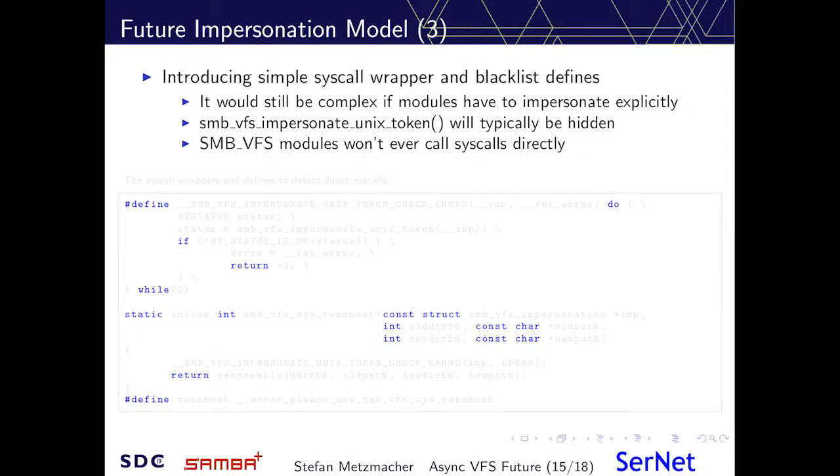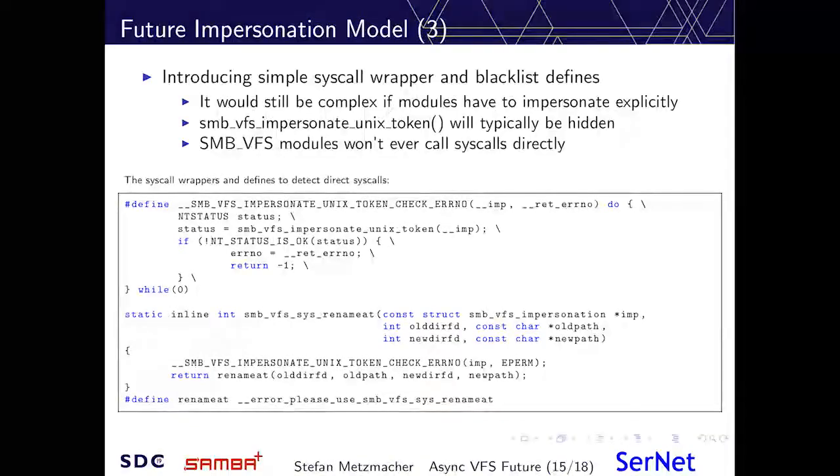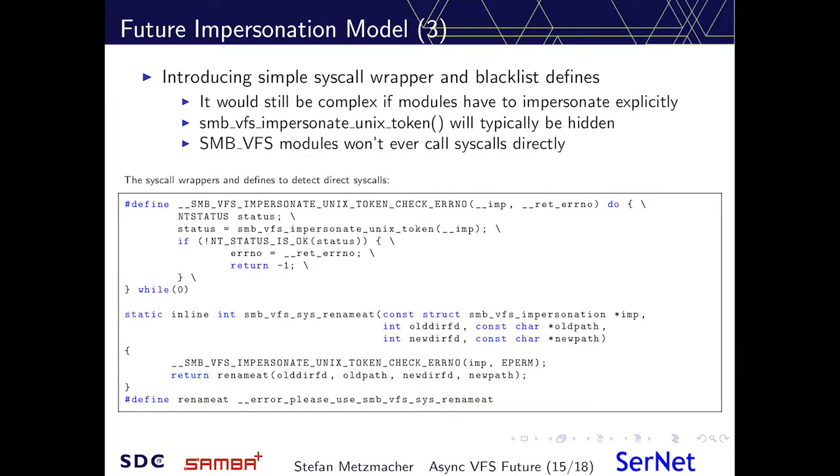Yeah, then the next helper function set would be that we hide the call to impersonate UNIX token, so the VFS modules don't do the syscalls directly. Basically, we would have something like this. Just a helper macro because it's used all over the place. And here you see the wrapper for the rename add call.